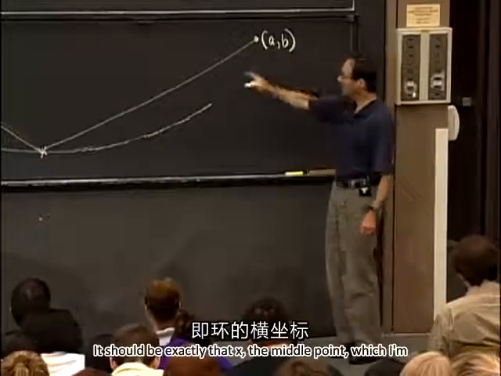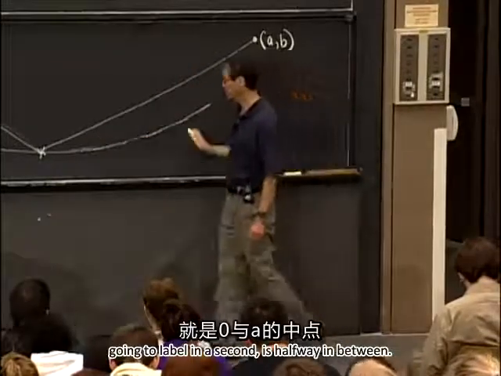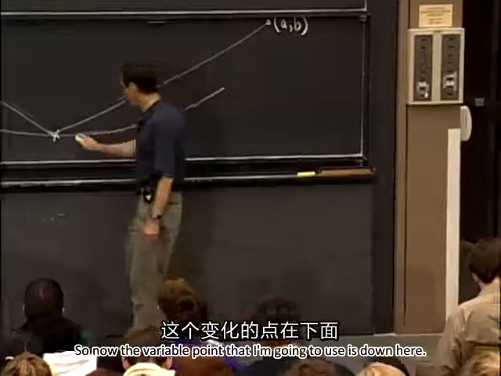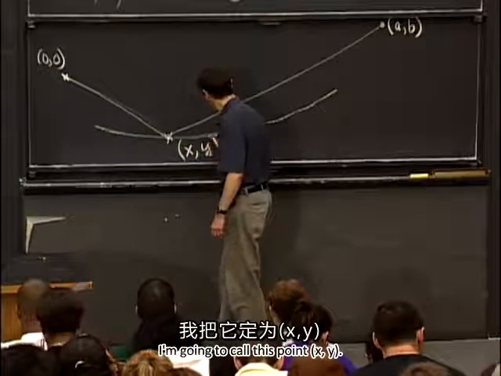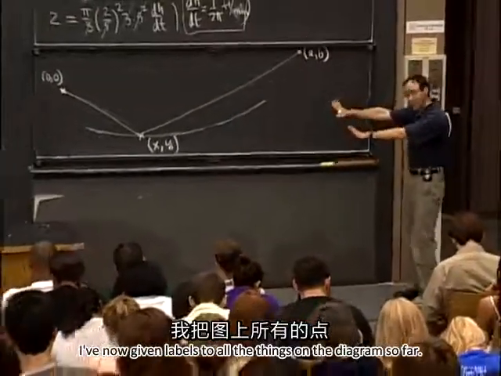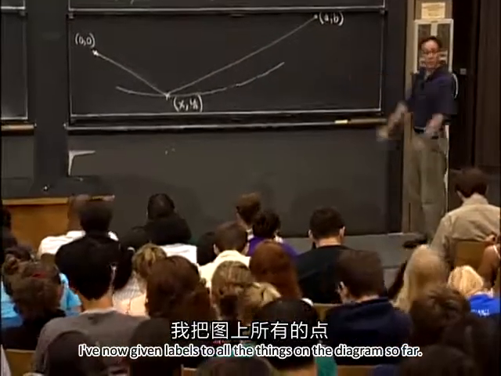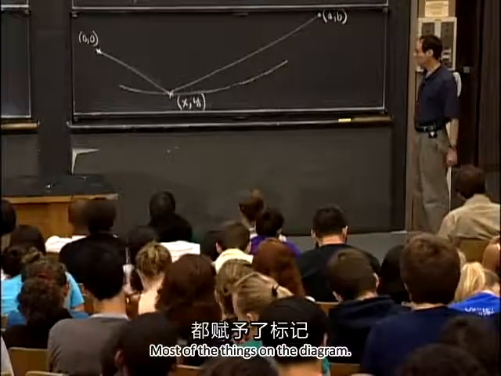It should be exactly halfway in between. So now the variable point that I'm going to use is down here. I'm going to call this point X comma Y. All right? So here's my setup. I've now given labels to all the things on the diagram so far, or most of the things on the diagram.